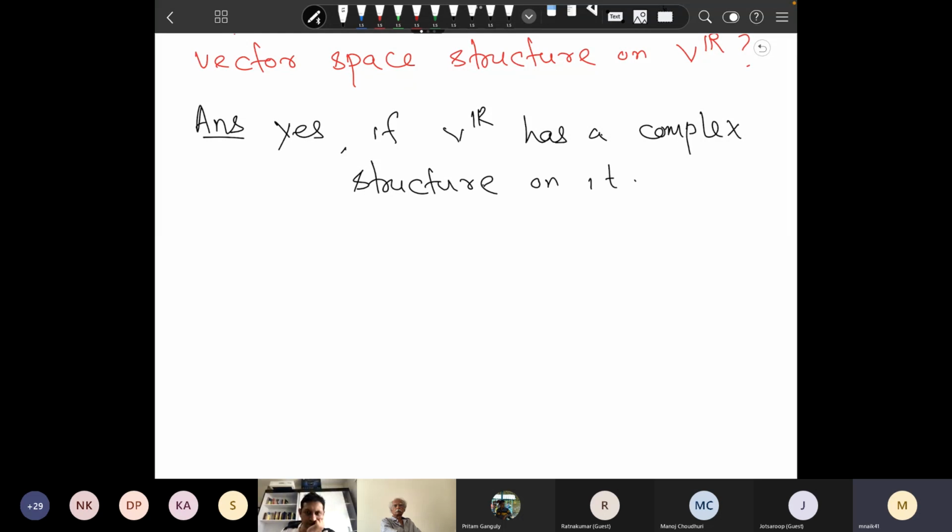Suppose, assume J from V_R to V_R is a complex structure.